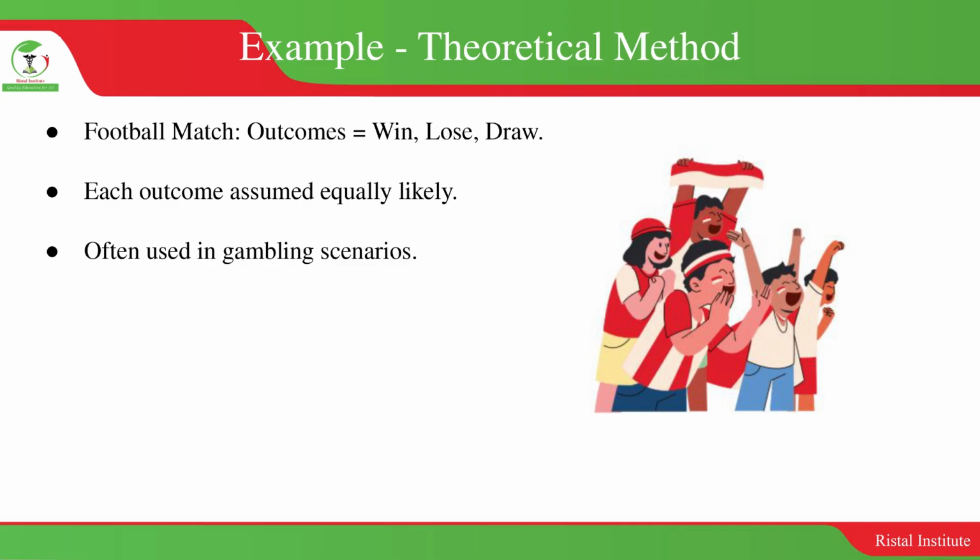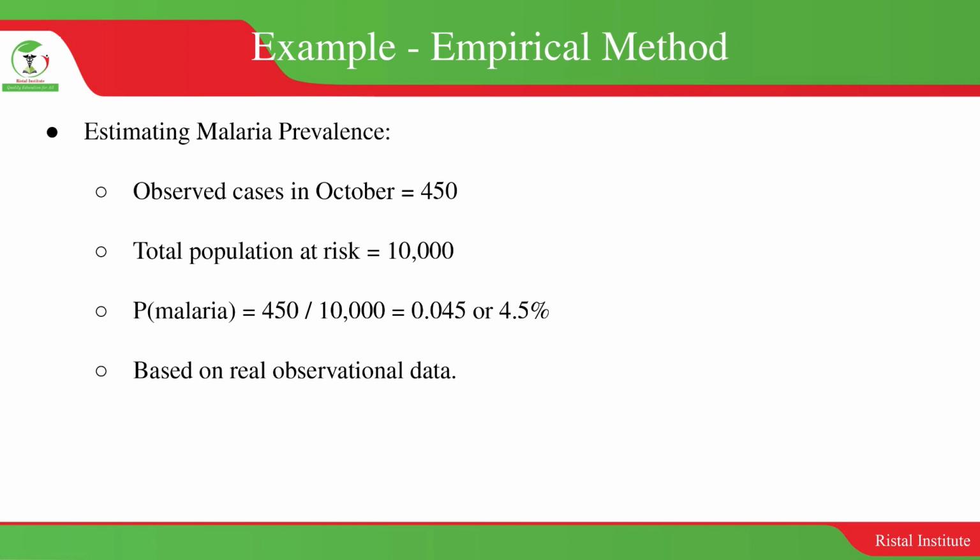What many people call gambling is also an application of probability. But the second way of determining probability is by using estimates, or by using data that is already available.